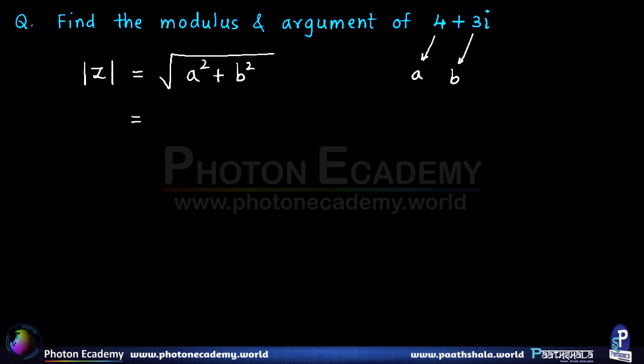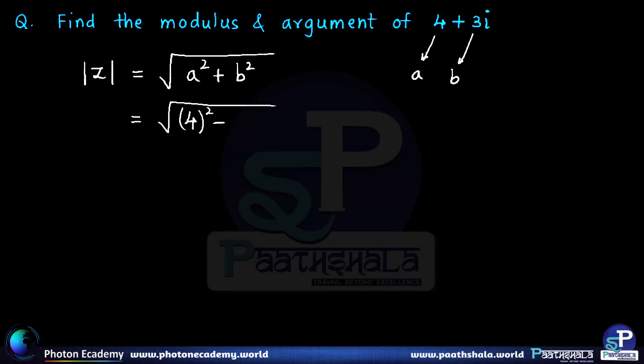So we have the square root of 4 square plus 3 square. And as we know, the numbers 3, 4 and 5 form a Pythagorean triplet. So the answer of this would be equal to 5. So the modulus of the given number is 5.